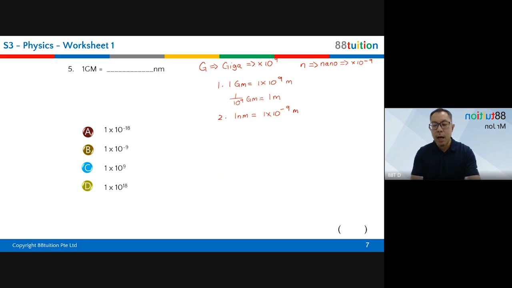So again, I make it how many nanometers equals to 1 meter. So third step, 1 over power 10.